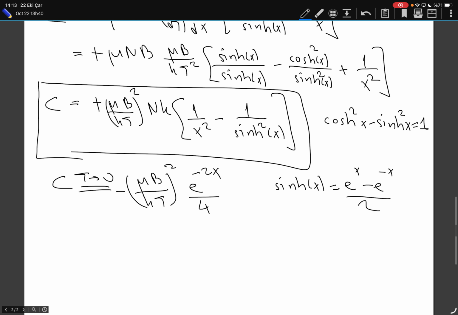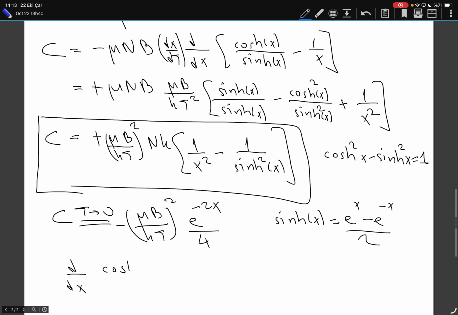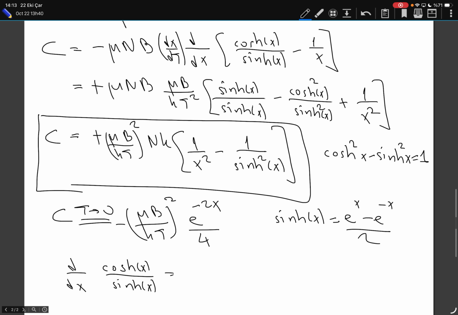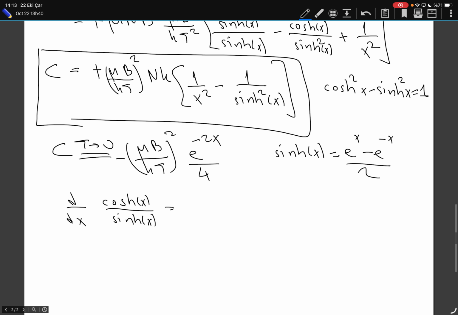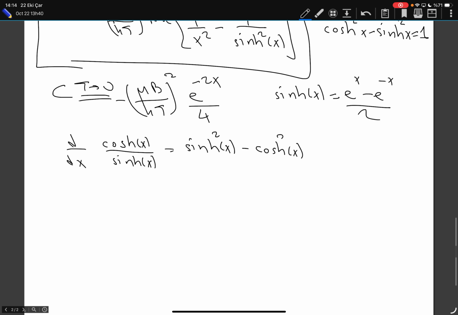Well, let's see, d over dx of cosine hyperbolic x divided by sine hyperbolic x is the derivative of the numerator, which is sine hyperbolic x, times the denominator, minus the numerator, cosine hyperbolic x, times the derivative of the denominator, which is another cosine hyperbolic, divided by the denominator squared.